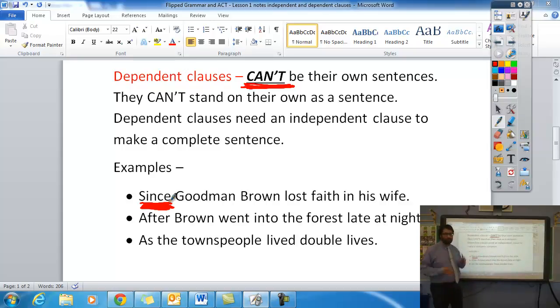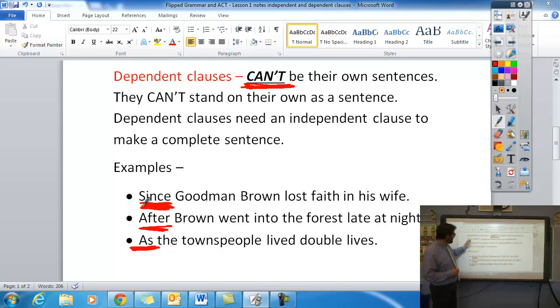So again, to reiterate, dependent clauses, they've got a subject, they've got a verb, but because of these subordinating conjunctions, they're not complete thoughts. So they can't be their own sentences. So we've got independent clauses, which can stand on their own, and we've got dependent clauses, which can't stand on their own, okay?